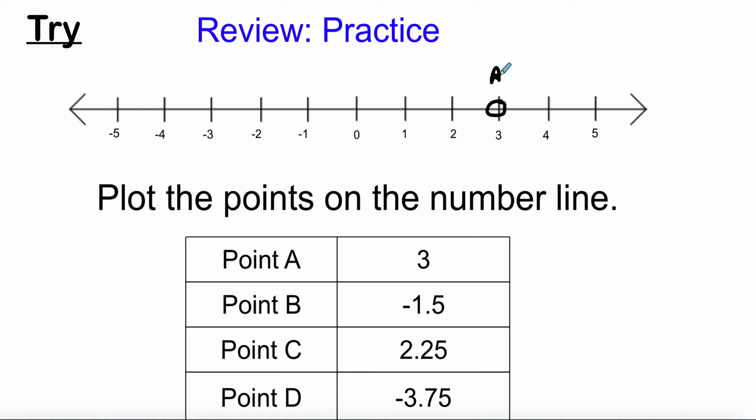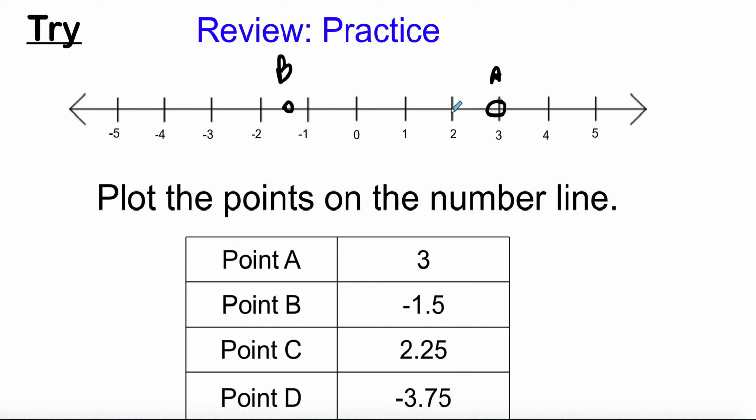And point B, -1.5. Let's go to the left of the number line. So it should lie between -1 and -2. So it's half in the middle, right? So let's put point B here, and point C, +2.25.